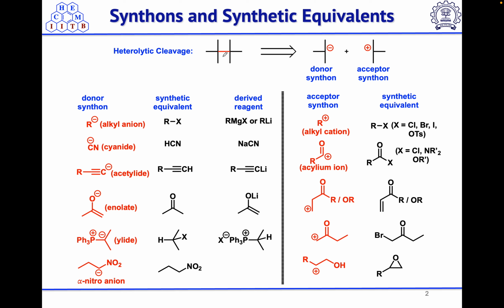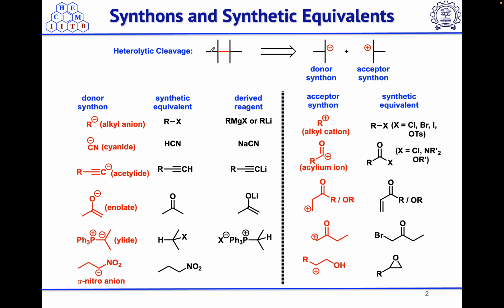This bond has two electrons. Each carbon can abstract one electron from this bond, so they share one electron each. Otherwise one of the carbons can abstract both electrons, or the other carbon can abstract both electrons.